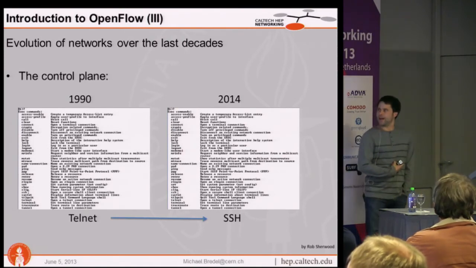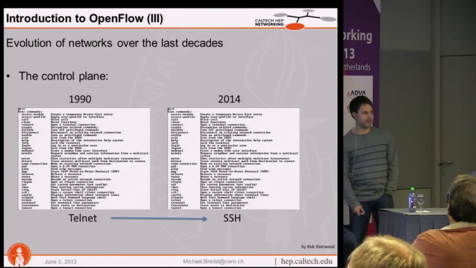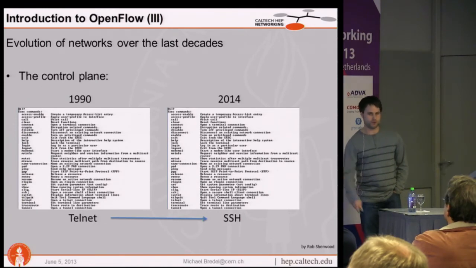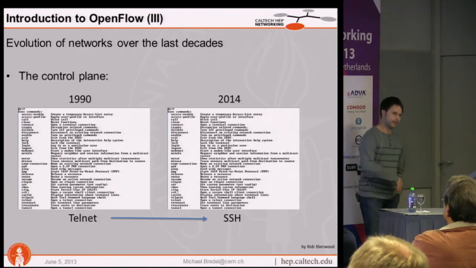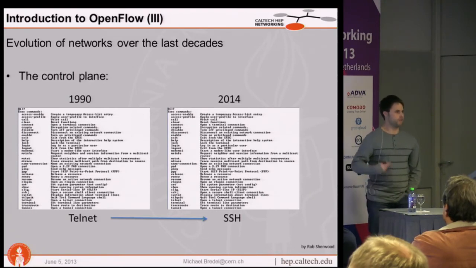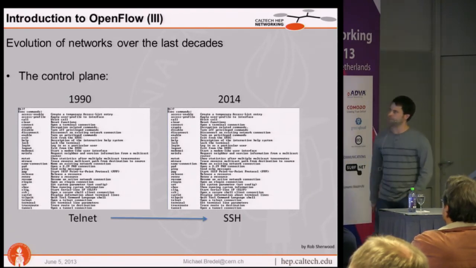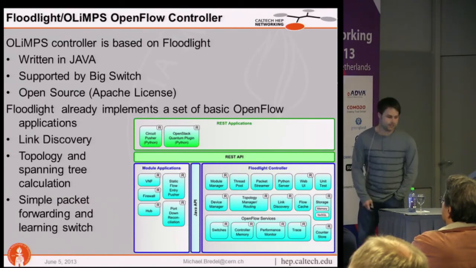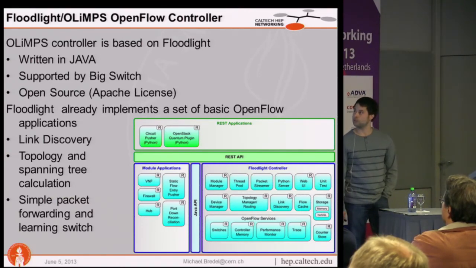And I really think that software-defined networks and OpenFlow can make a difference here. It can simplify your network management, the control plane. It can reduce the complexity of your network. But what do you need for that? You need an OpenFlow controller.